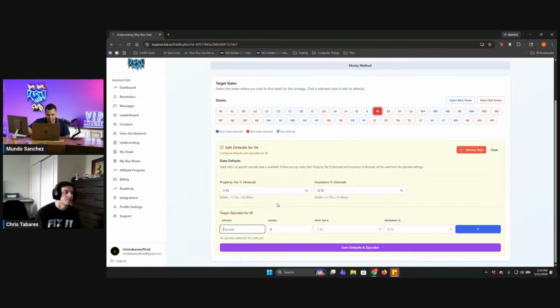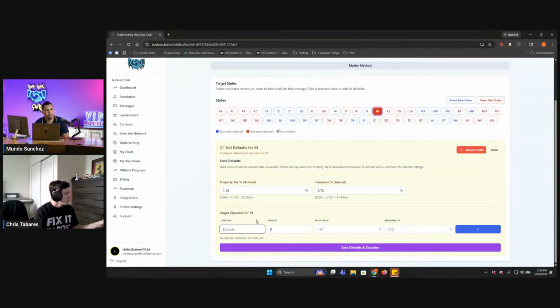Got it. Okay. Now, target zip codes for Indiana. He did give me a little clue. He said he wants it to be in Indy, but in the nicer outskirts of the Indianapolis loop. So like Carmel or Westfield area?